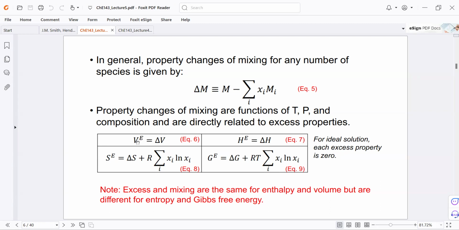And what do you notice? Excess and mixing are the same for volume and enthalpy, but different for entropy and Gibbs free energy.